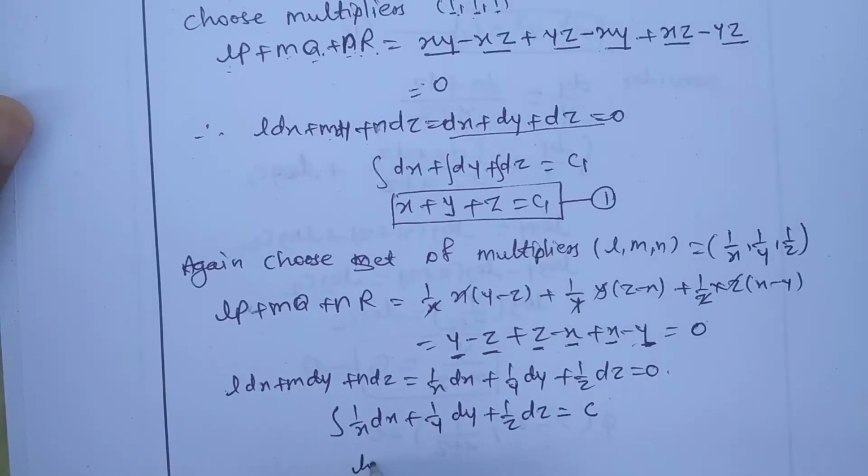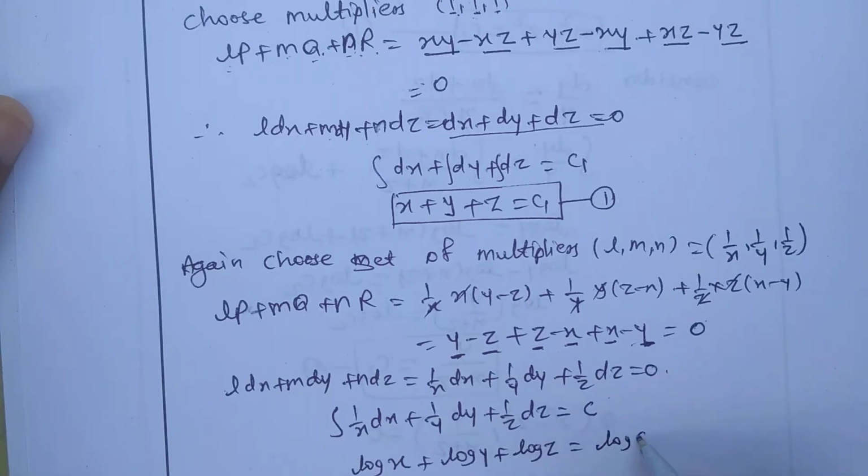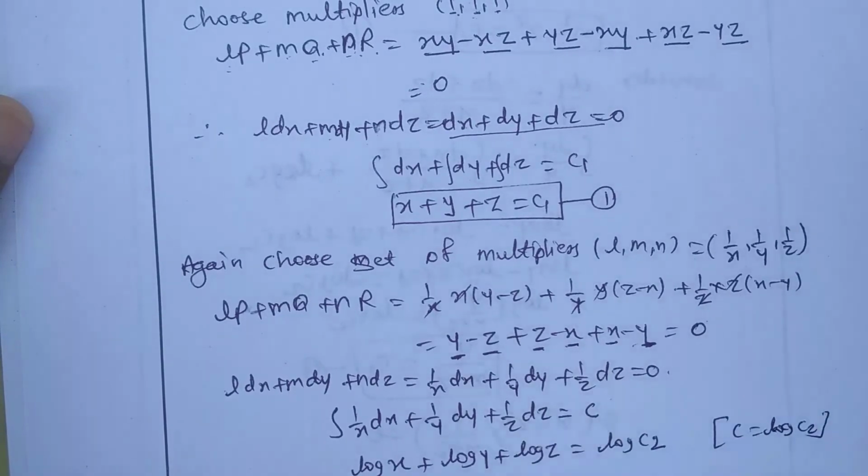So integration of 1 upon x is log x, integration of 1 upon y with respect to y is log y, integration of 1 upon z with respect to z is log z. And since all terms are in terms of log, I can write the right hand side as log of some c2. I just use c equals log of c2 to simplify this.